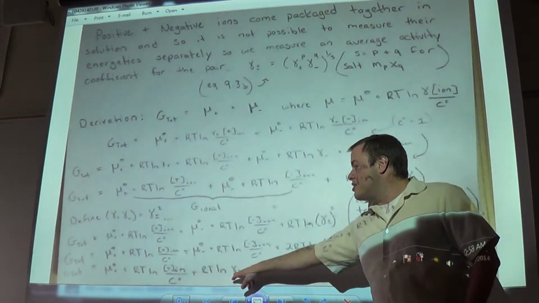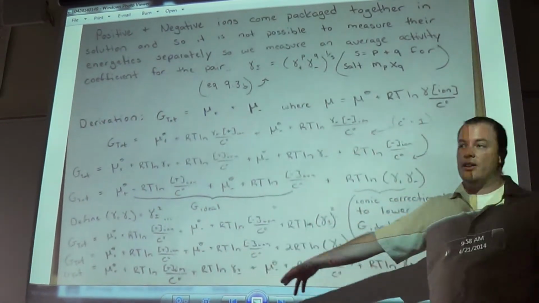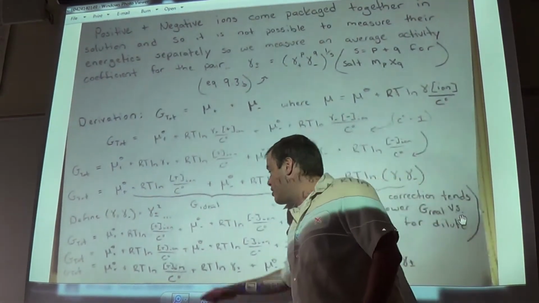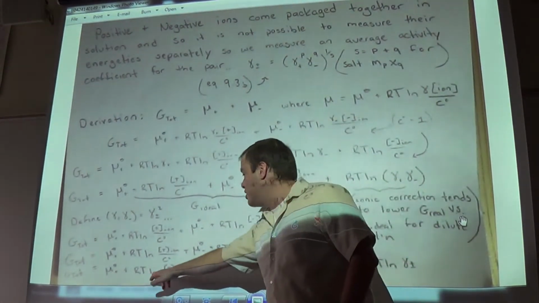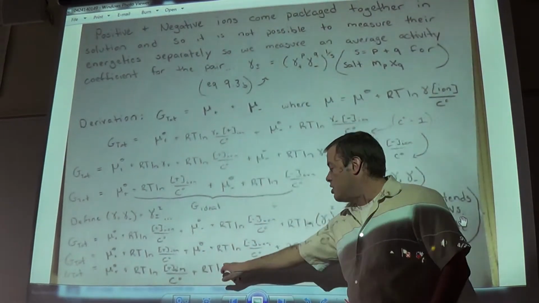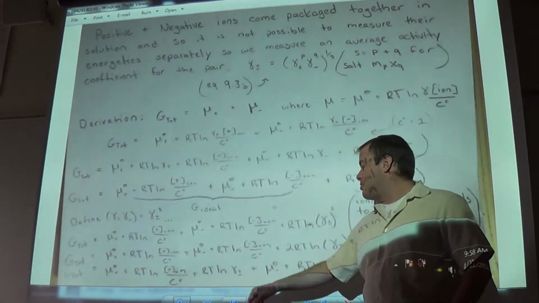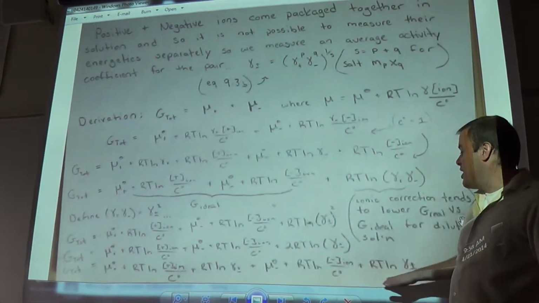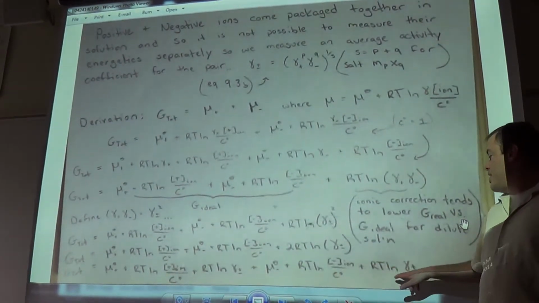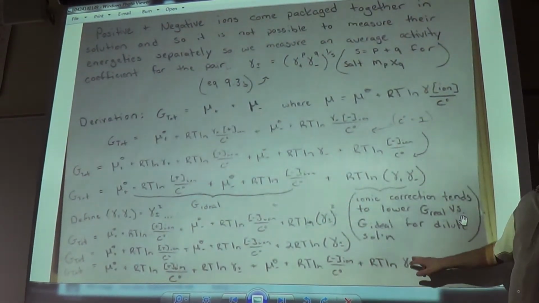We sub them back into the chemical potentials of the ions, the original ions that we had, and we get these terms where the chemical potential of the positive ion is its ideal potential plus RT natural log of gamma plus minus, and the chemical potential of the negative ion is its Henry's law chemical potential plus that RT natural log of gamma plus minus.